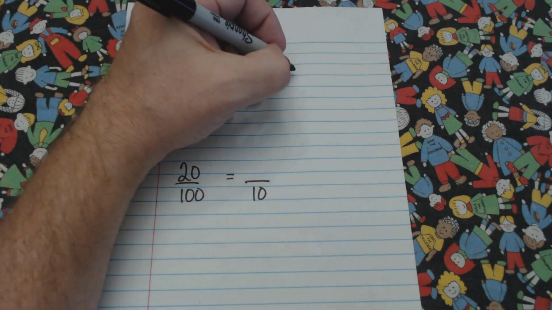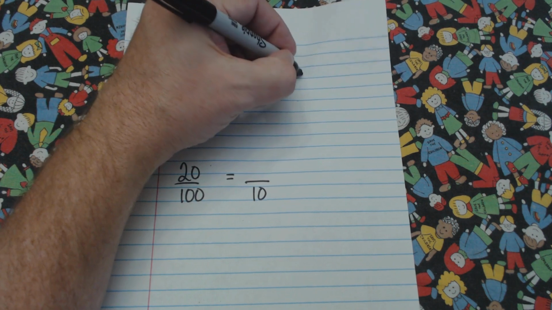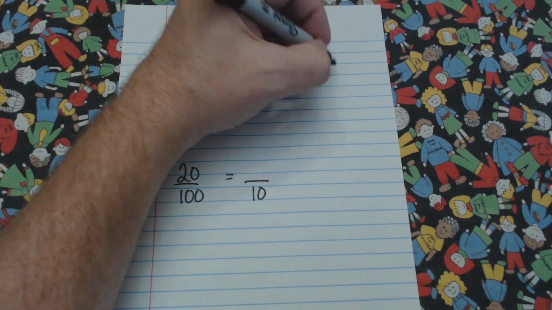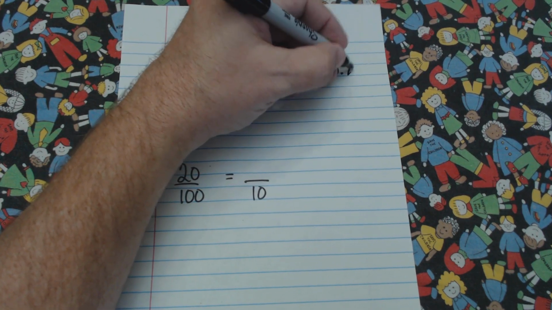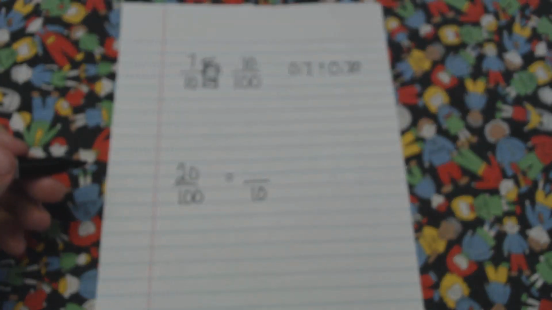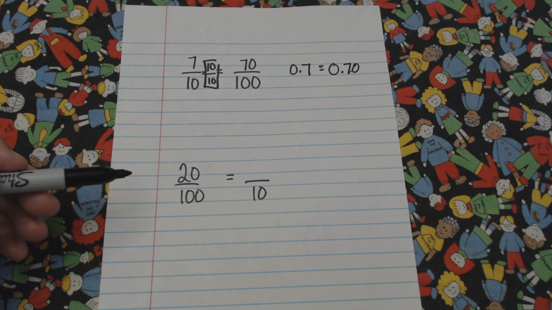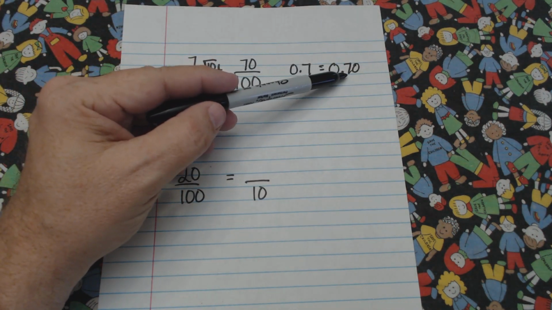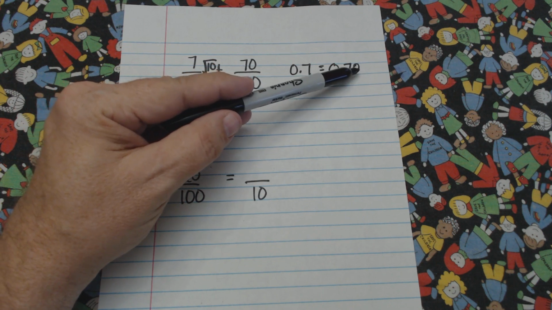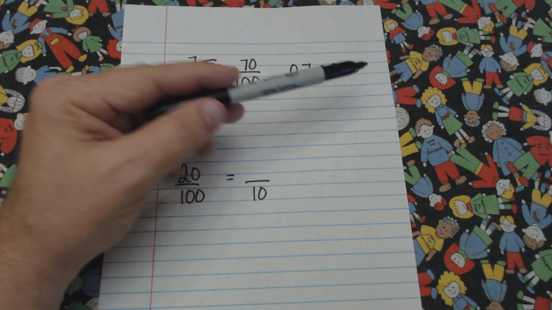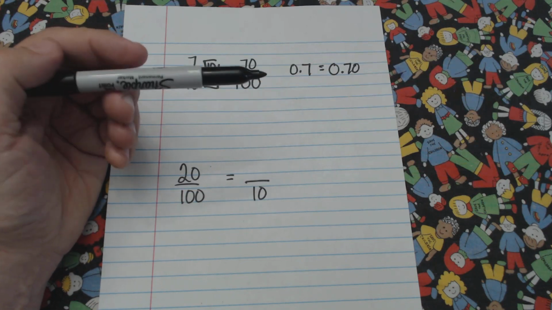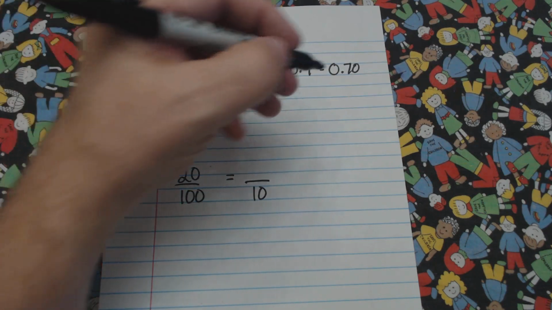If we were to write these as decimals, it would look like this. 7/10 is equal to 70 hundredths. The boys and girls hear from me that once you have a decimal, you can add as many zeros to the right of the decimal as you would like and not change the value of the number.